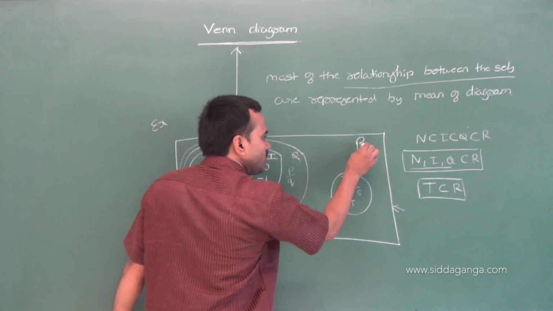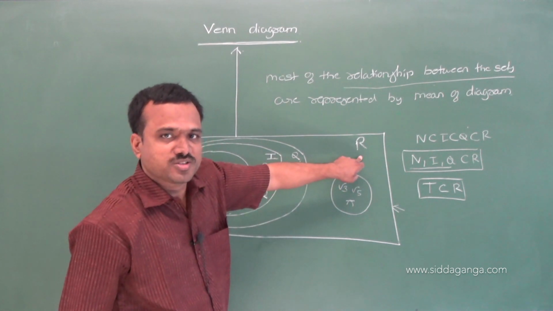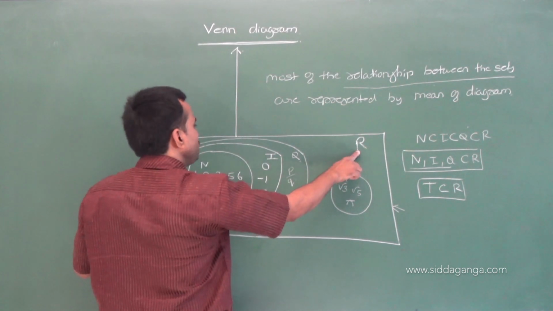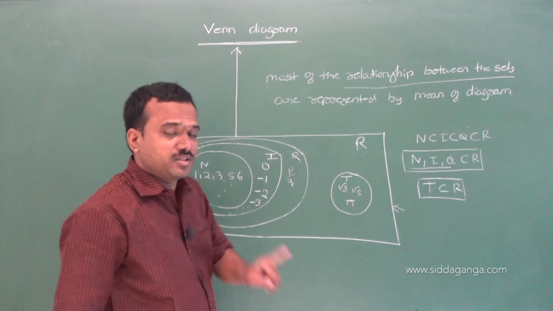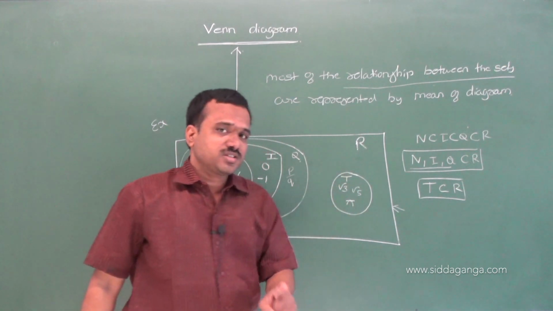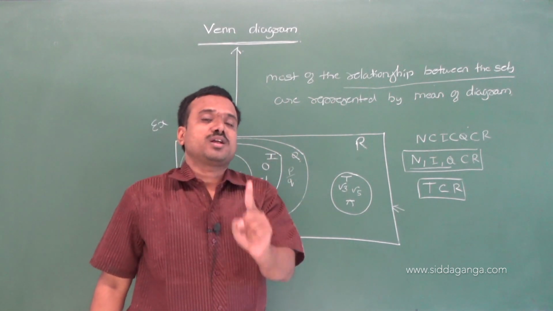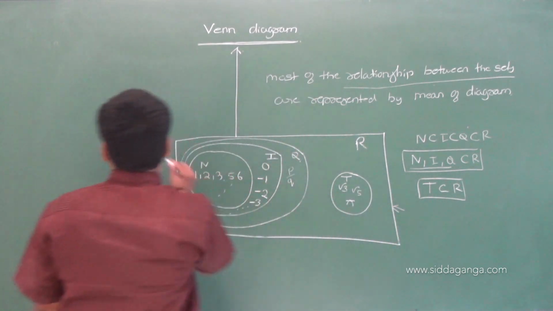This R we call the universal set. Observe here, I represent the universal set in a rectangular box. That means always in a Venn diagram, universal sets are represented by a rectangle. Very important concept.